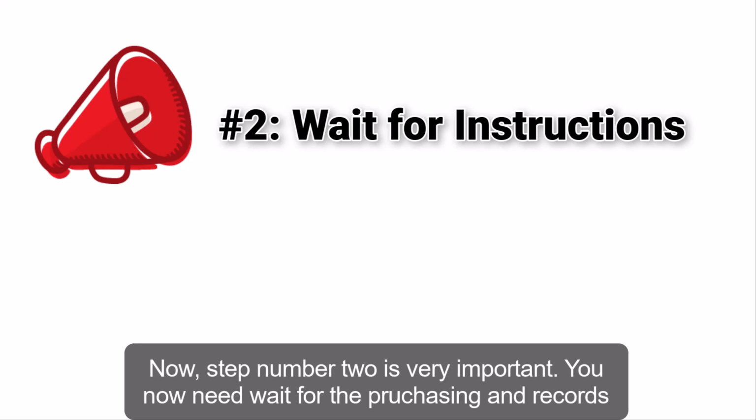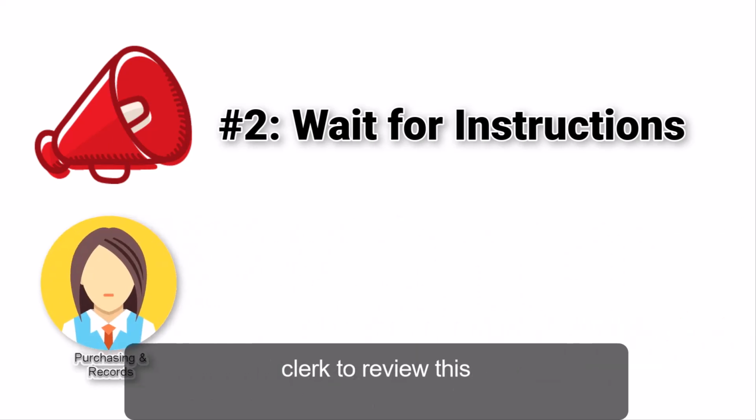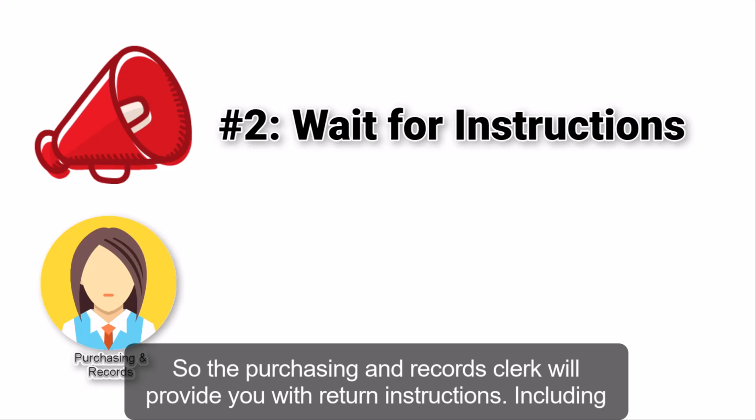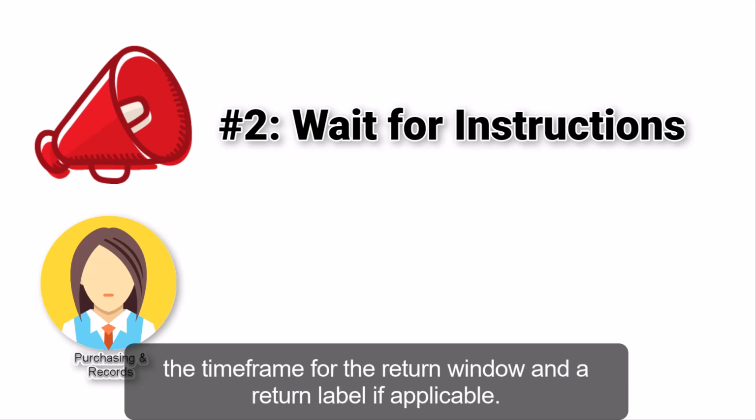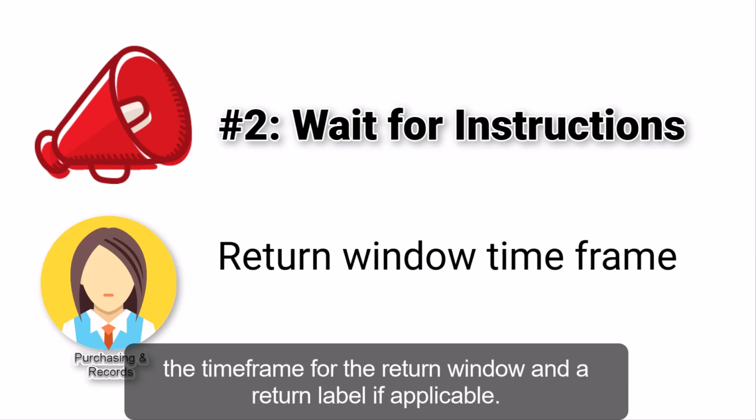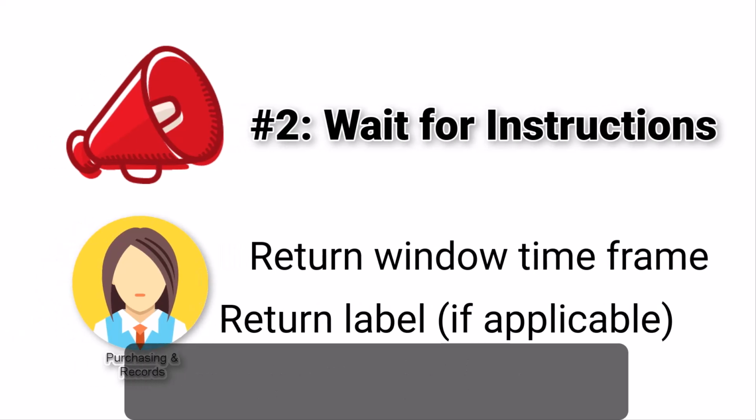Now, step number 2 is very important. You now need to wait for the purchasing and records clerk to review this form and give you instructions for next steps. So the purchasing and records clerk will provide you with return instructions, including the time frame for the return window and a return label if applicable.